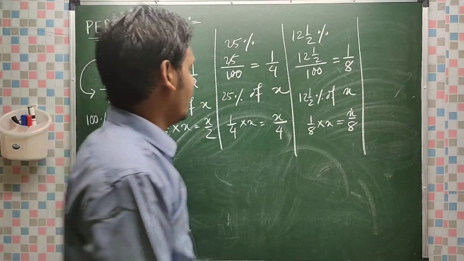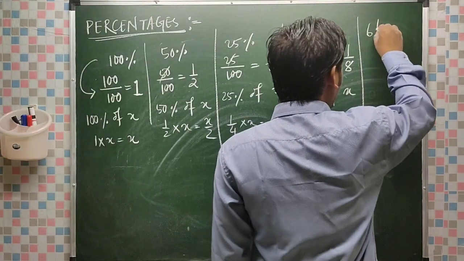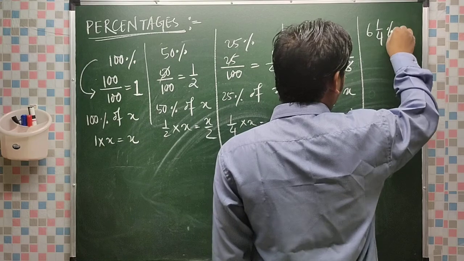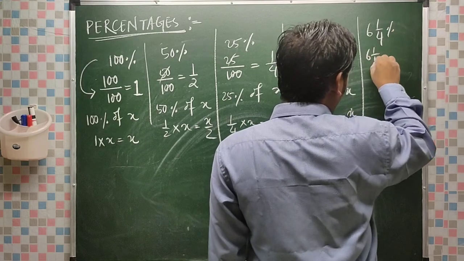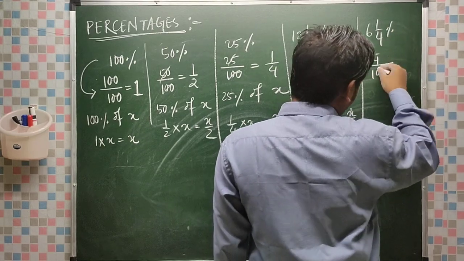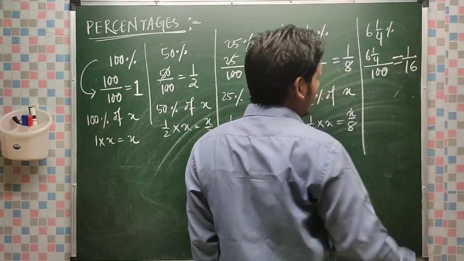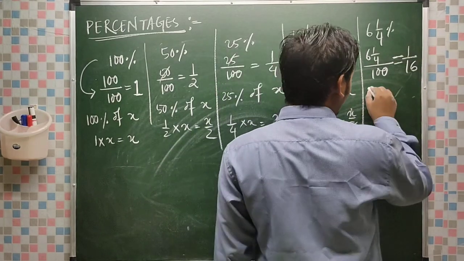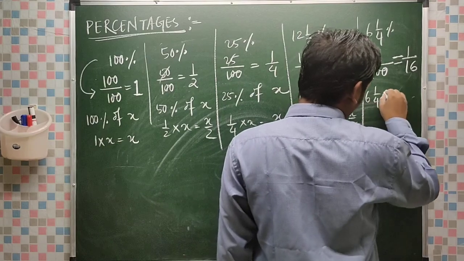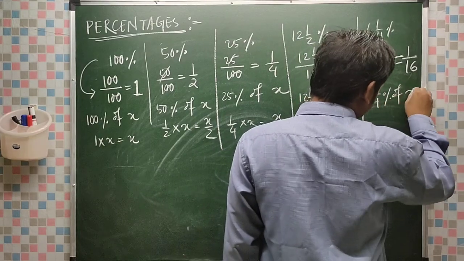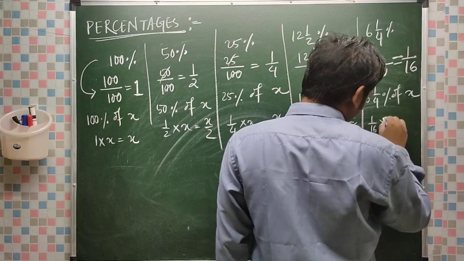Thereafter 6 and 1 by 4%, that means 6 and 1 by 4 by 100, that is 1 by 16. So 6 and 1 by 4% of x is x by 16.